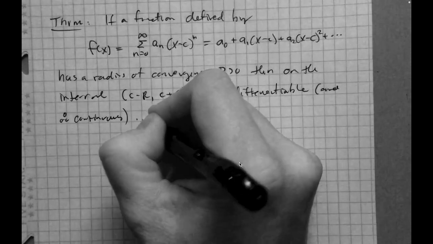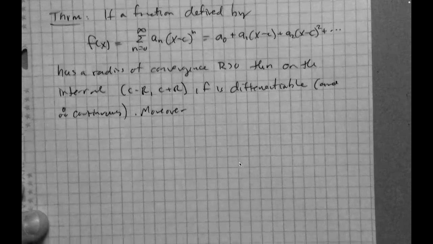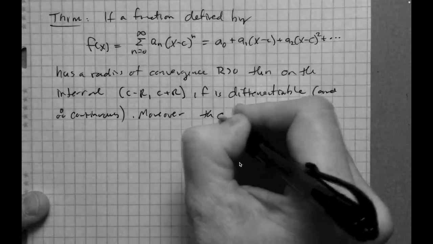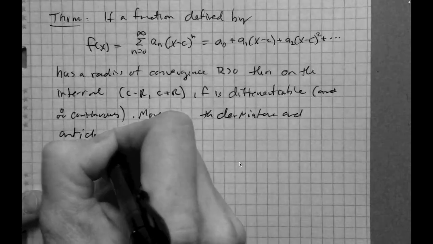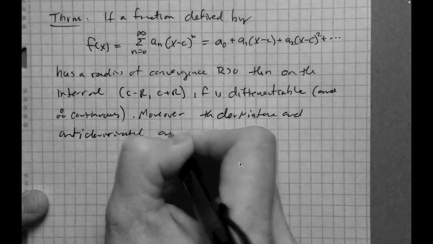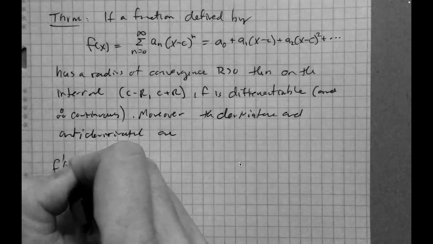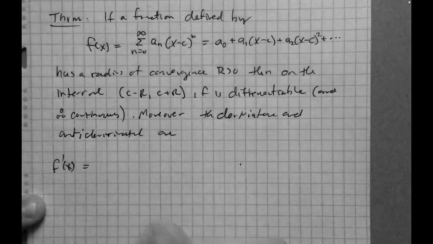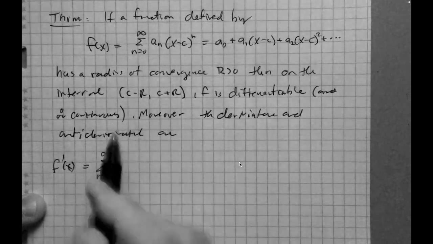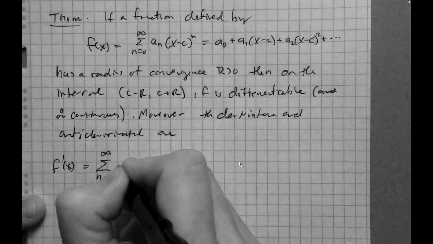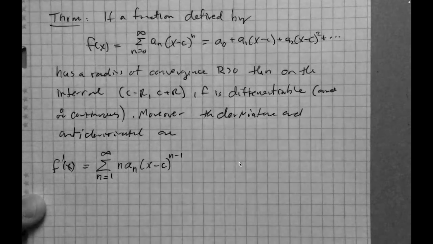And moreover, the derivatives and antiderivatives can be given in general. Starting with the derivative, f prime of x is equal to the sum from n equals 1 up to infinity. Notice the index changes. It's n times a sub n times x minus c to the n minus 1 power.